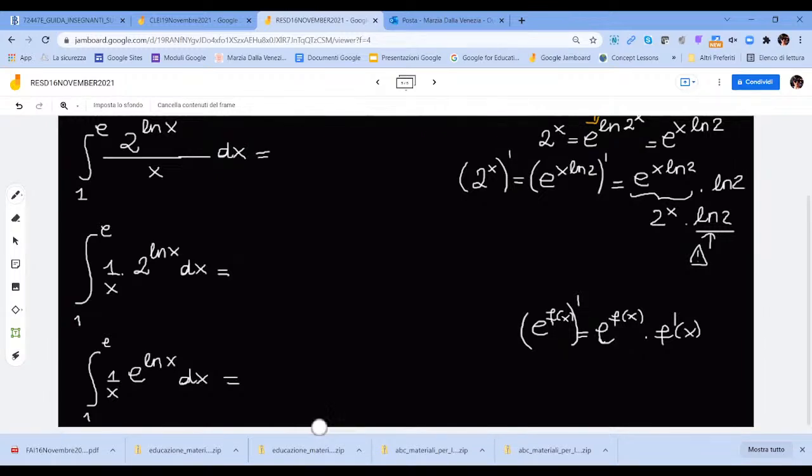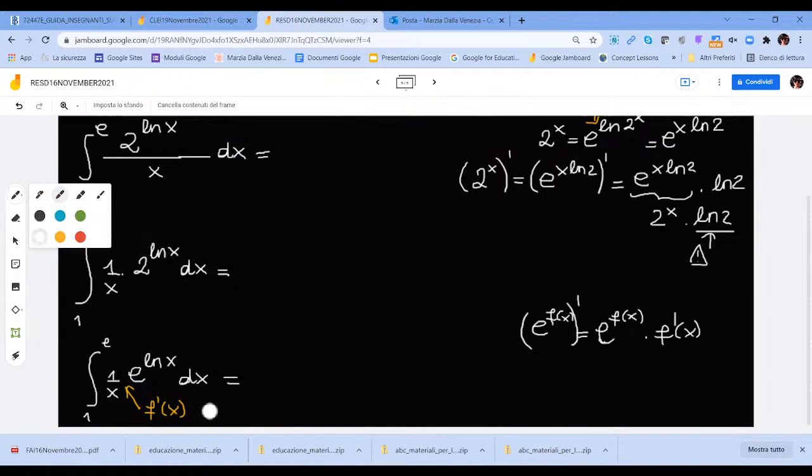So what is the derivative of the logarithm of x? 1 over x. So this is f prime of x.